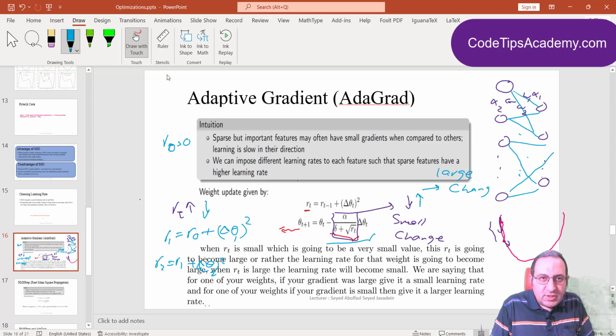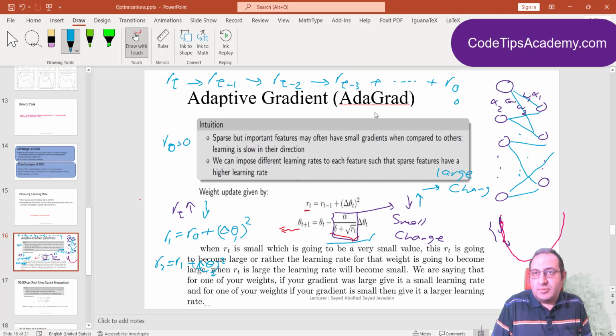This means that R1 is dependent on R0, and RT depends on RT minus 1, and RT minus 1 depends on RT minus 2, and RT minus 2 depends on RT minus 3, and we'll go down to R0, which is 0. And you can see here RT is RT minus 1 plus the square of changes.